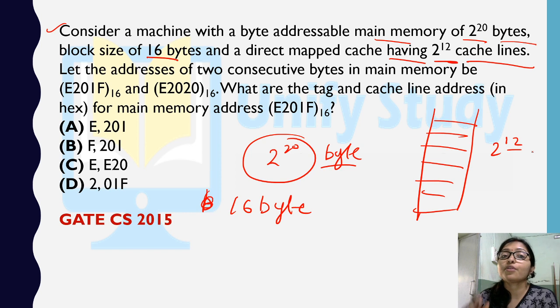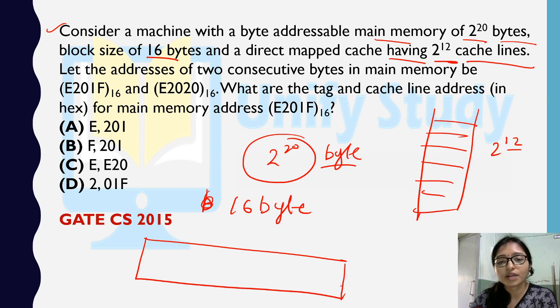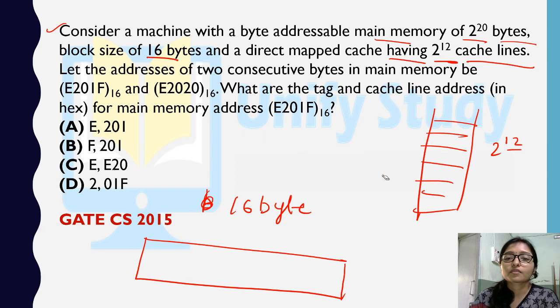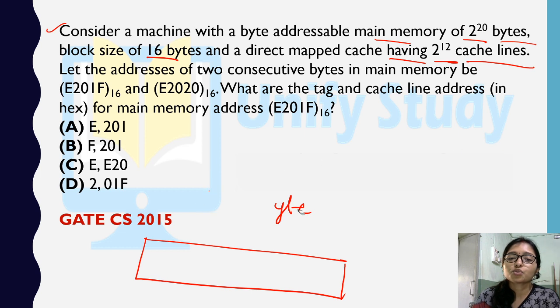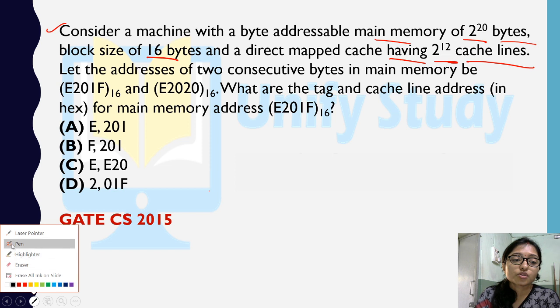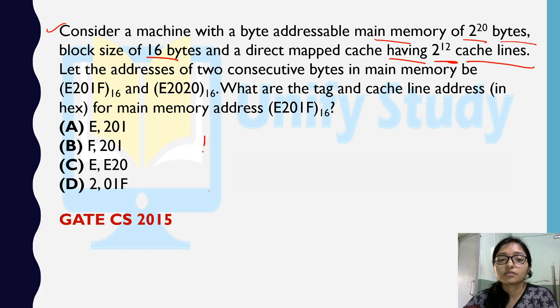From here you have to identify how many bits will be there. Let me clear this, and I will discuss everything. I think now it will be clear to everyone how to do the question. Just draw the structure of the direct cache.